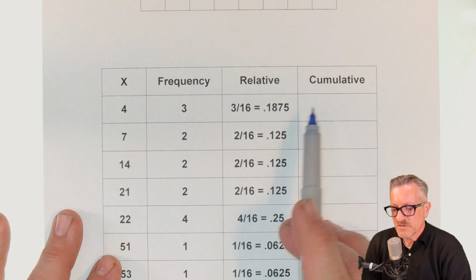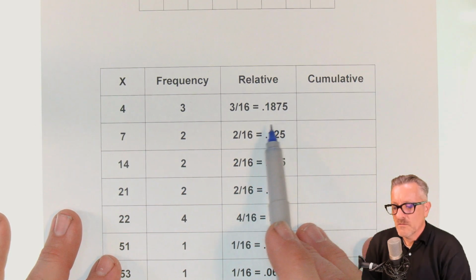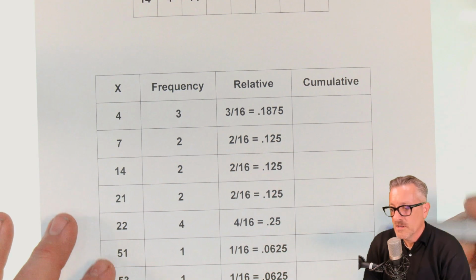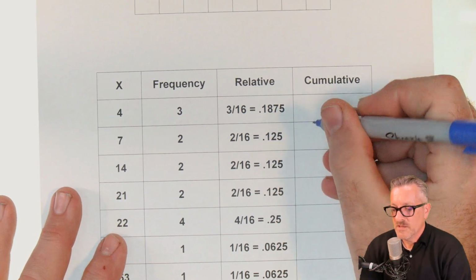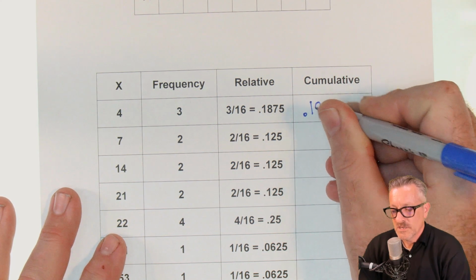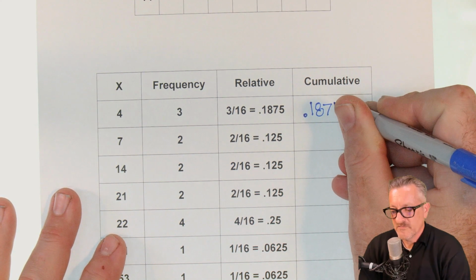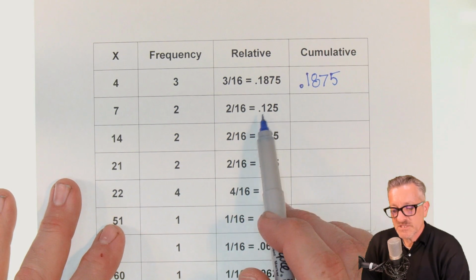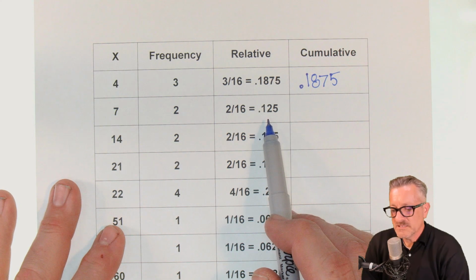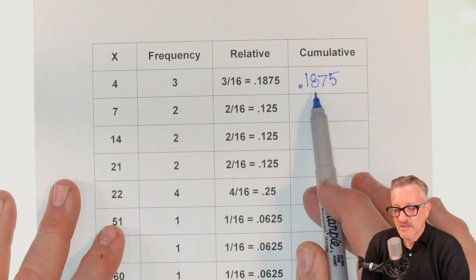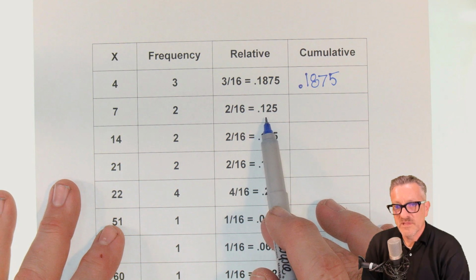Okay, so we'll get started. With this one, because it is the first row, there's no prior row, although it would be the same value. So it'd be 0.1875. That's it. Okay. With this next one, it's going to be this value right here added to this value right here, because it's cumulative.